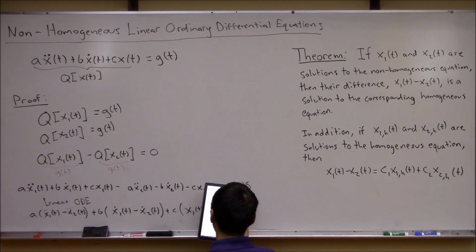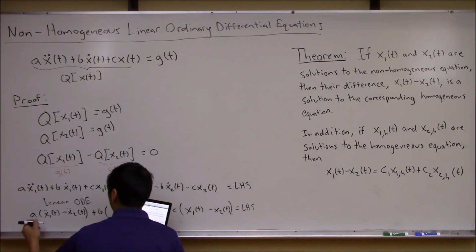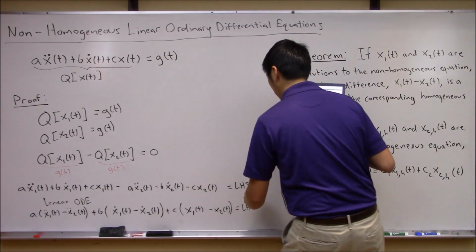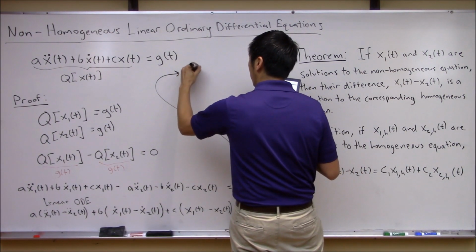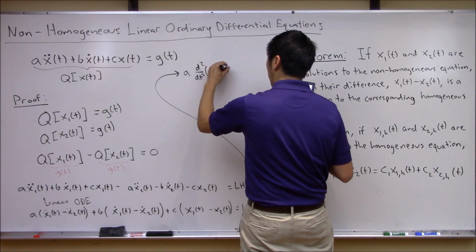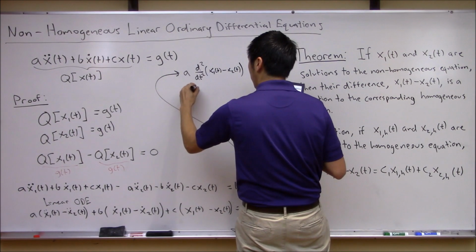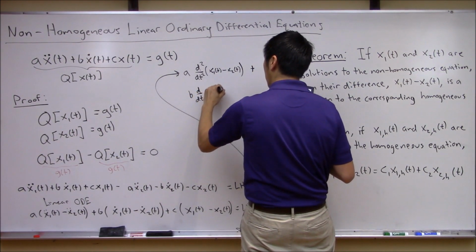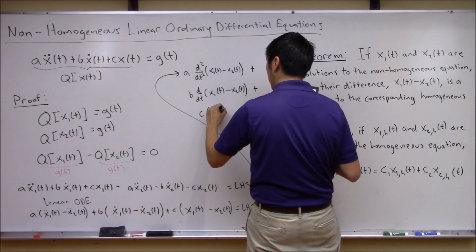Okay, so if you look at this a little bit more, you can see that I can even pull the derivative operator outside. Namely, this thing can be A times d/dt squared of x1 of t minus x2 of t, plus B times d/dt of x1 of t minus x2 of t, plus C times x1 of t minus x2 of t.